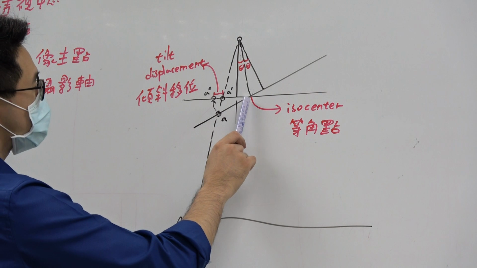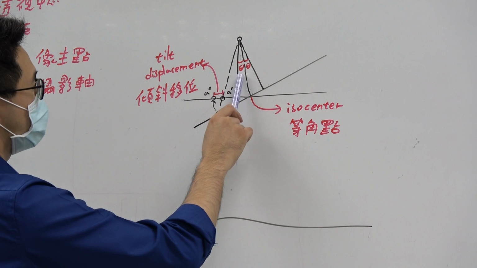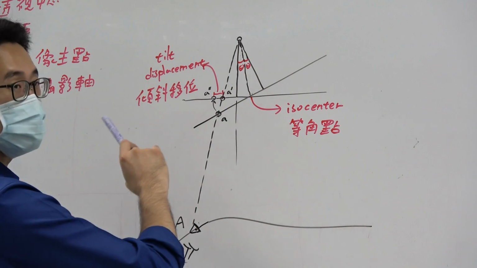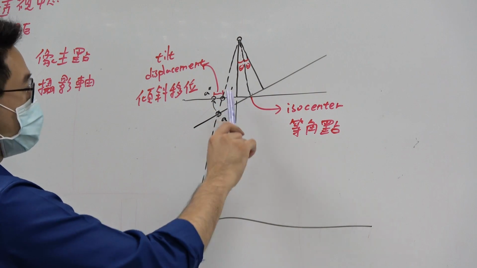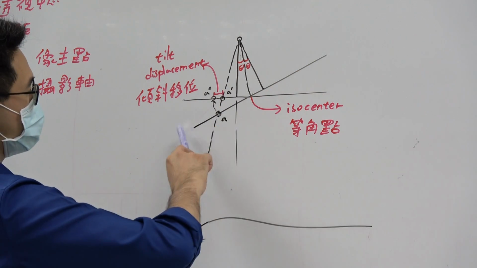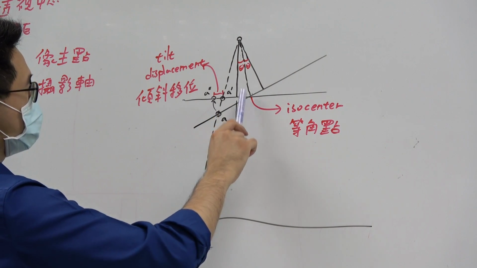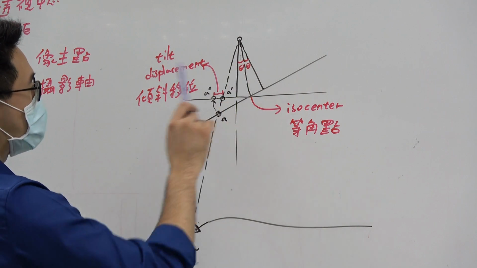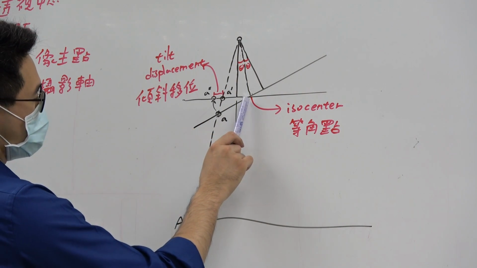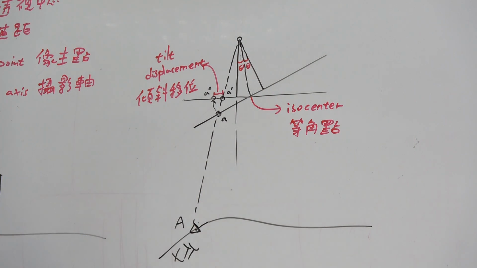And this point also divides the tilt angle into half and half, theta and theta. The name for this point is the isocenter. In Chinese, it's called 等角点.